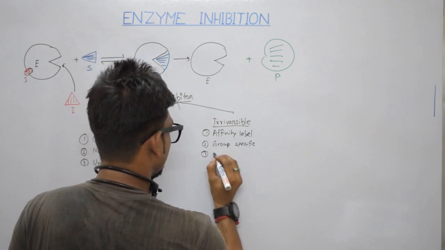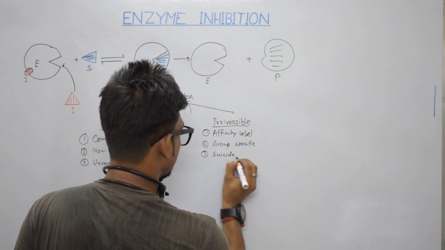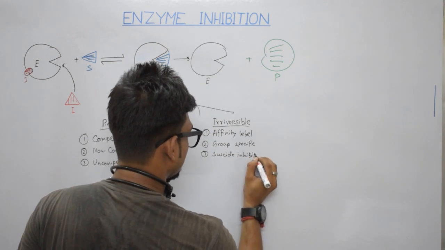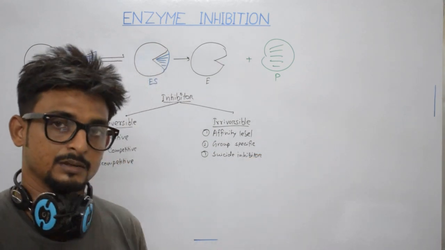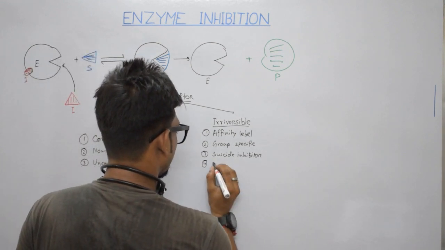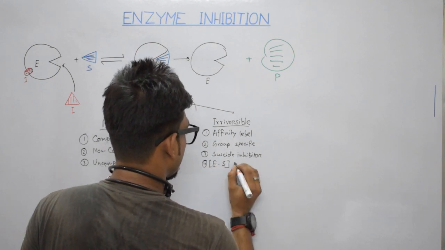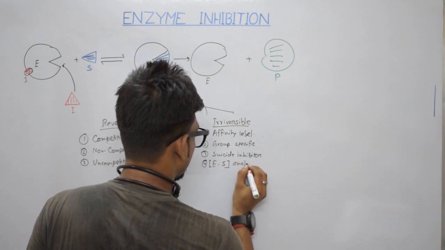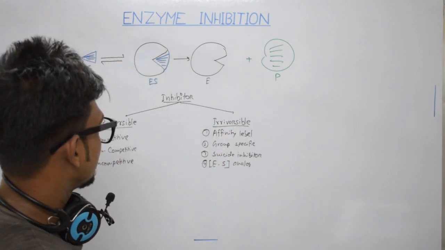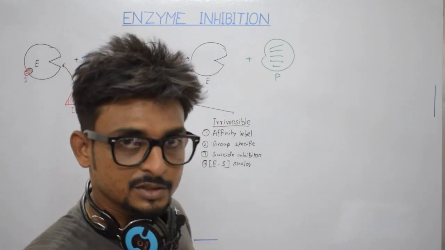Number three is suicide inhibition or inhibitor. It is also known as the mechanism based inhibition, okay. And number four is the enzyme substrate analog inhibitor. So these are the categories, okay. That kind of categories we can see in the inhibitors, okay.